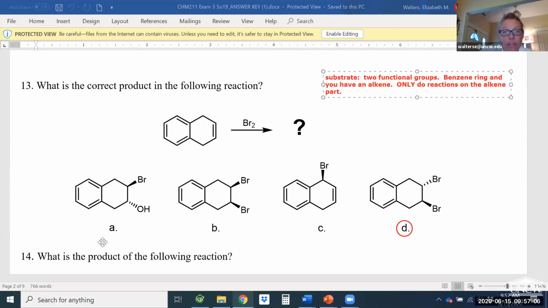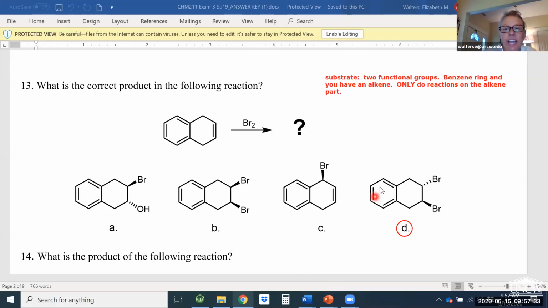Sometimes you'll see answer selections where the benzene ring has been messed around with, and that would be a way to mark something off. So this benzene ring on the left has to remain unchanged from start to finish. And in all cases, that's true.